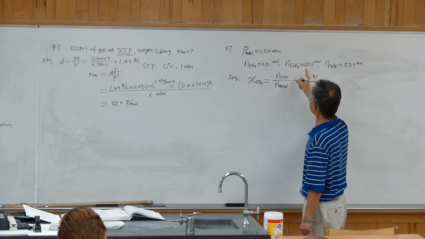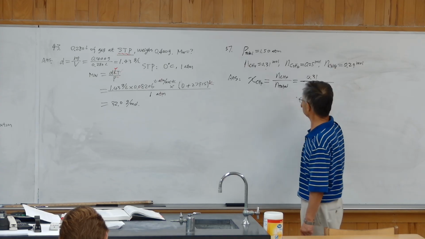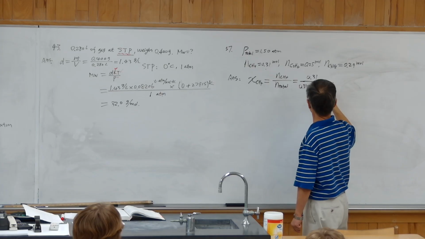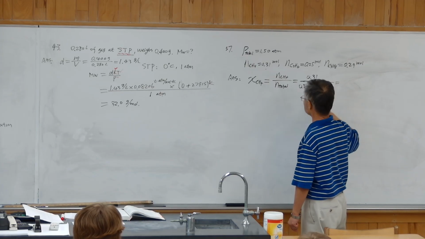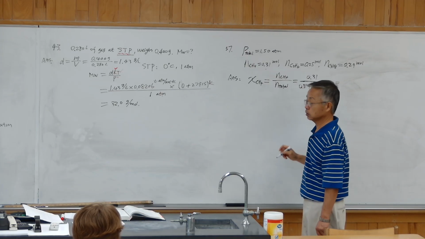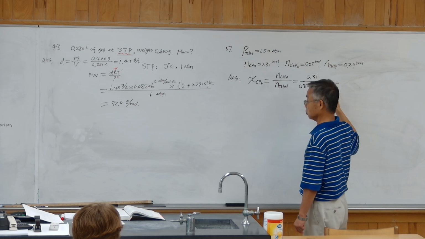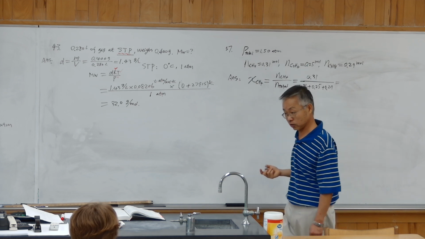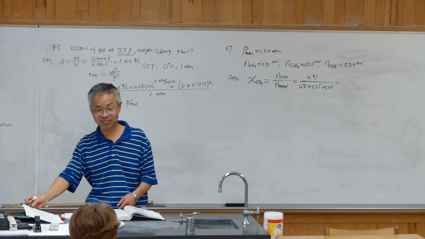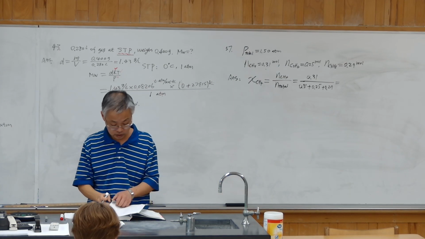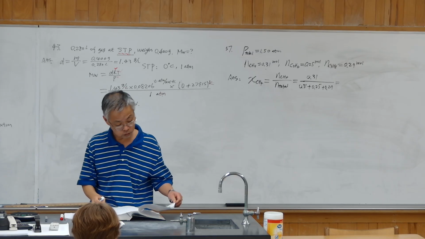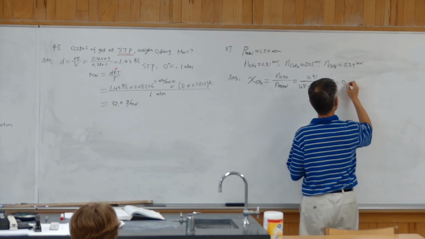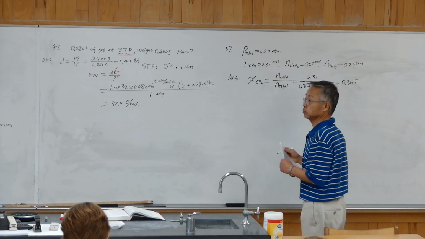Total moles, you add all three together: 0.31 plus 0.25 plus 0.29. The moles cancel, so there is no unit. Mole fraction has no unit, just a pure number. Use a calculator, and we easily get this mole fraction, 0.365.